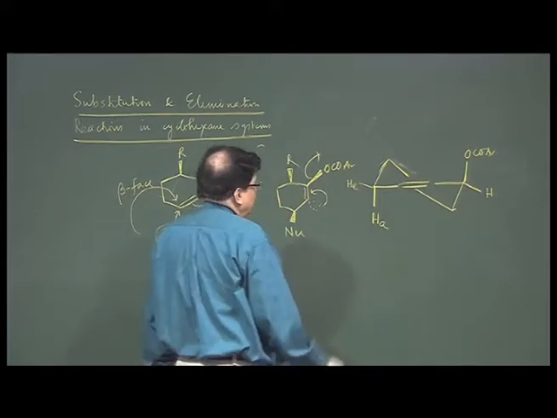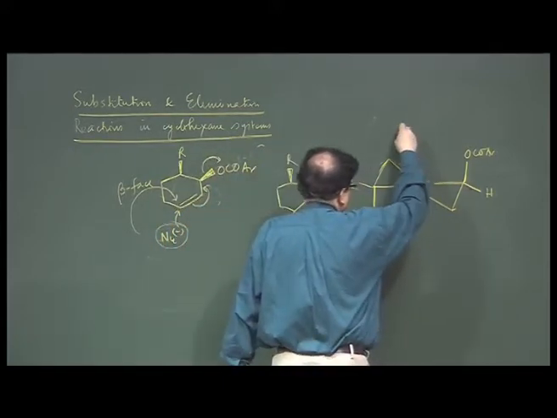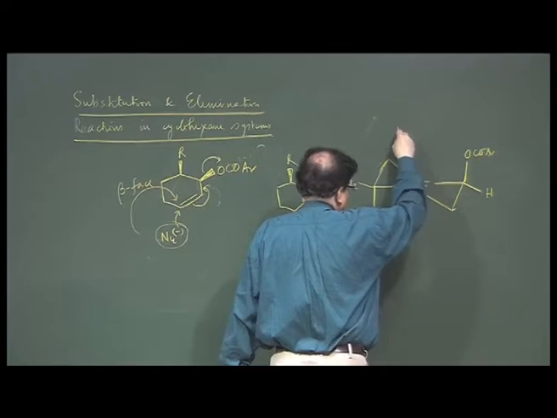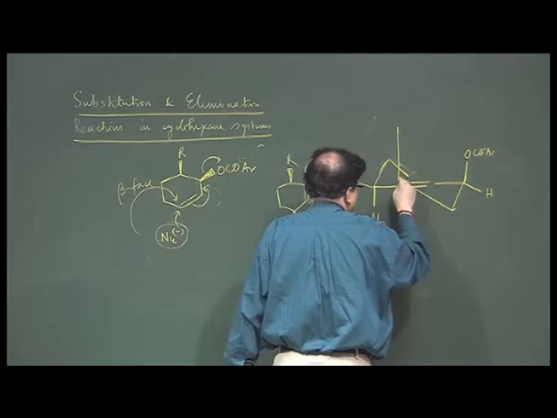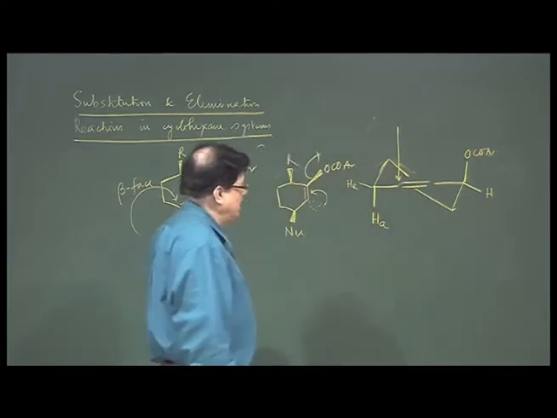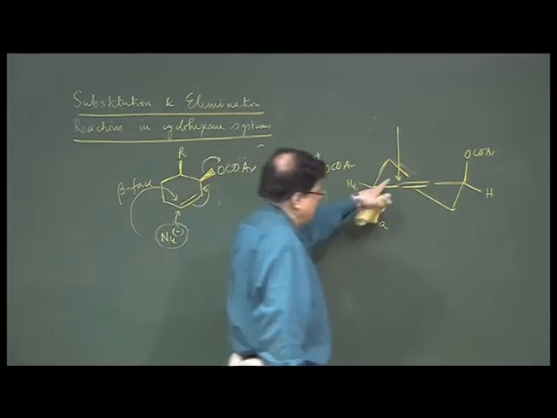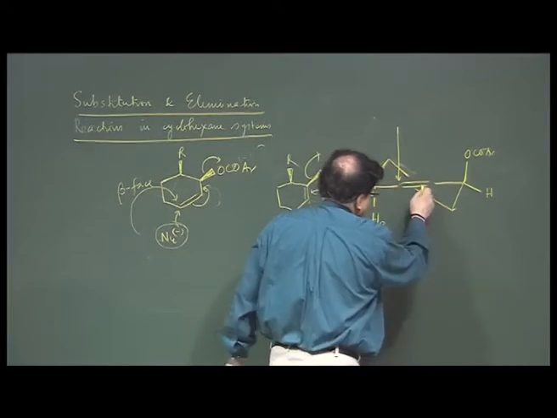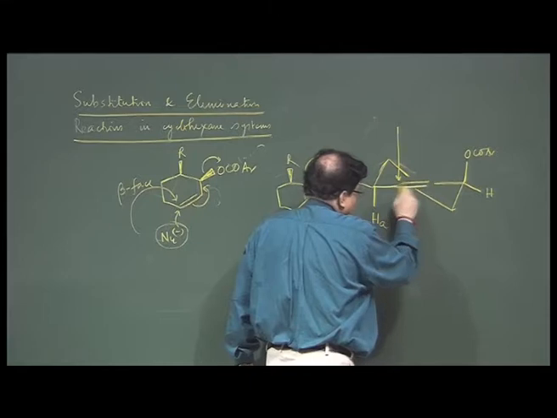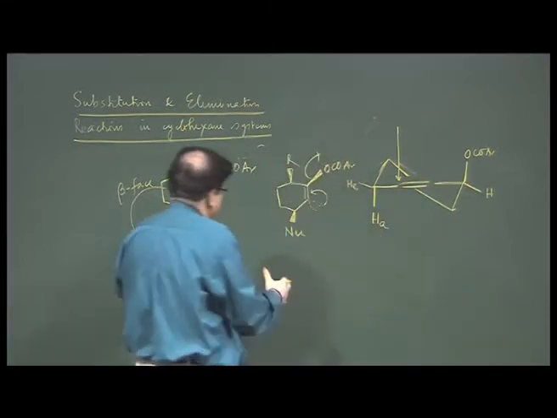Now, the nucleophile can approach from the top, because this is beta. So I said the nucleophile has to approach from the top. If it approaches, what will happen? This will become a cyclohexane system.